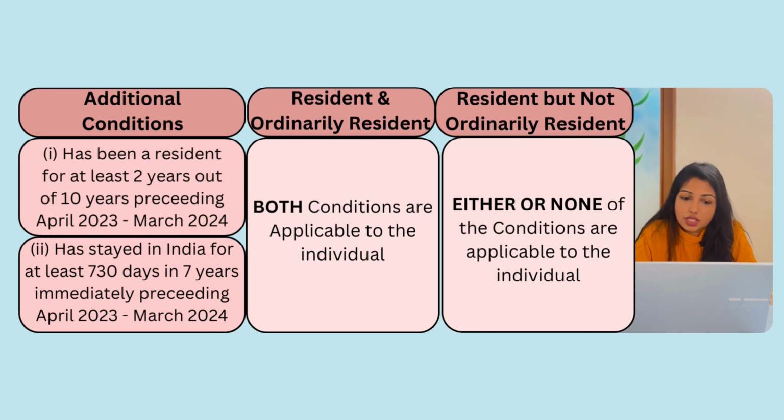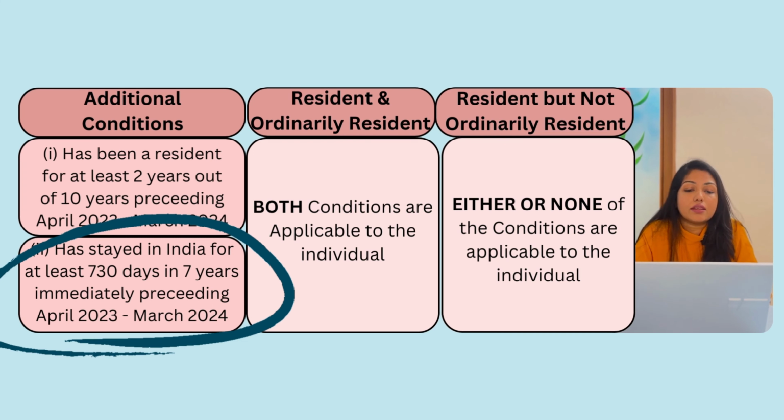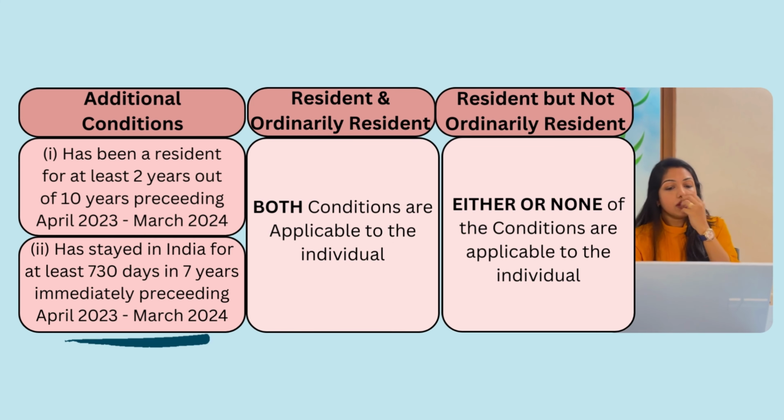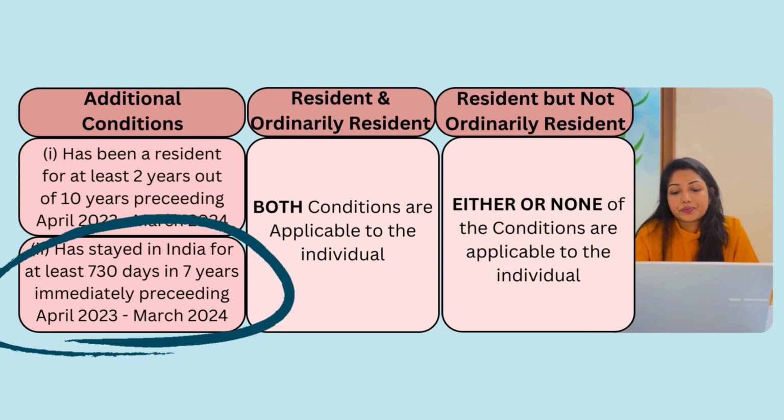And the second condition says that you should have stayed in India for at least 730 days in 7 years immediately preceding April 2023 to March 2024.